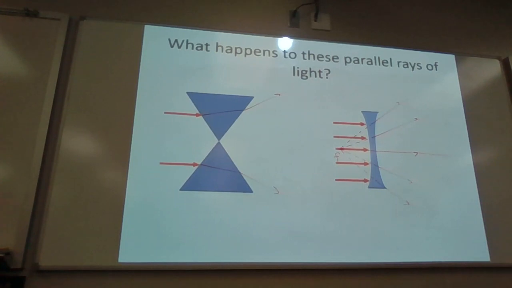That's the focal point. This is known as a diverging lens. Does that make sense? It's a diverging lens.